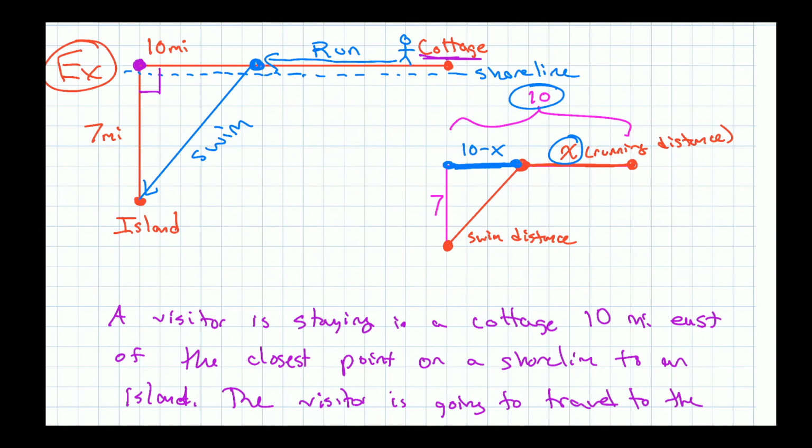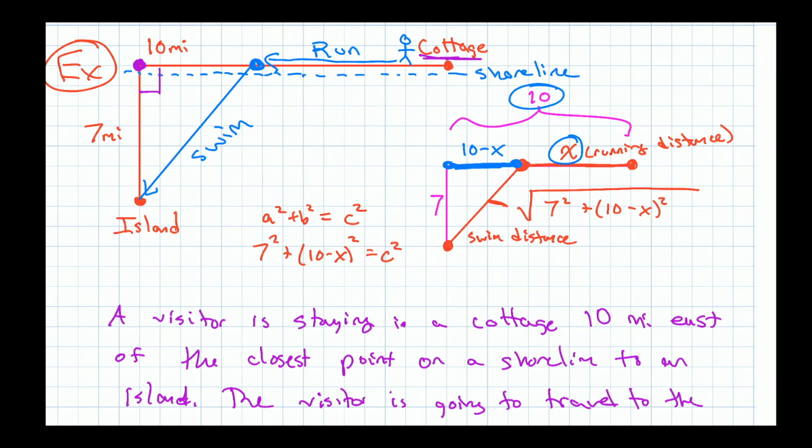So then if you're calculating the third side of the triangle, this side, using the Pythagorean theorem, a squared plus b squared equals c squared, where a could be 7, b could be 10 minus x, so it's going to be the square root of 7 squared plus (10 minus x) squared. That is the swimming distance.